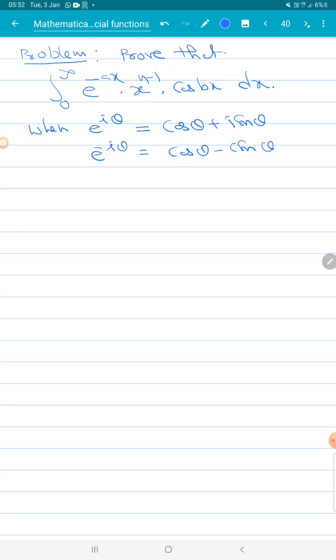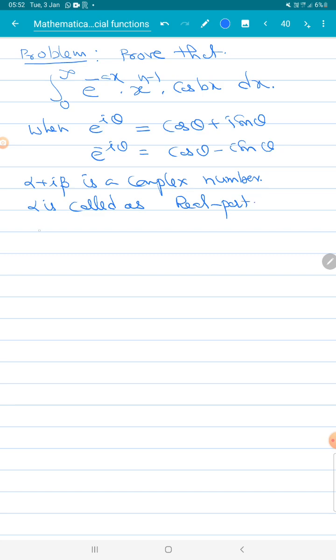And in a complex number, if alpha plus i beta is a complex number, then alpha is called the real part of this complex number, and beta is called the imaginary part of that given complex number.